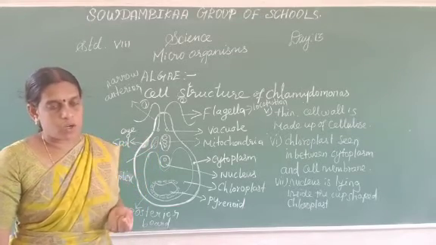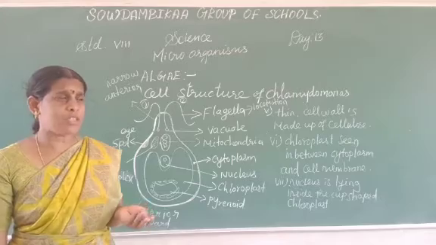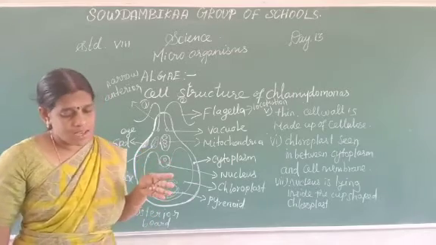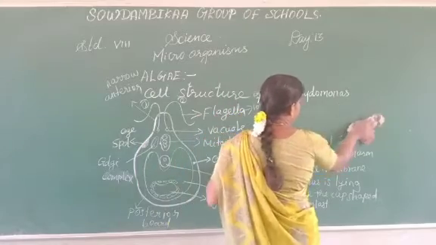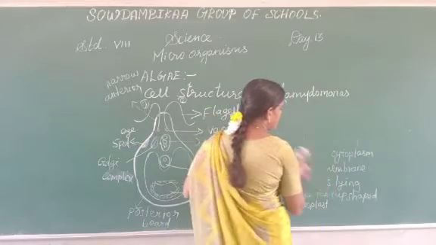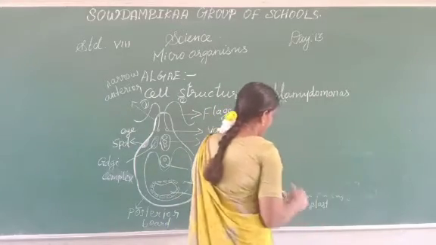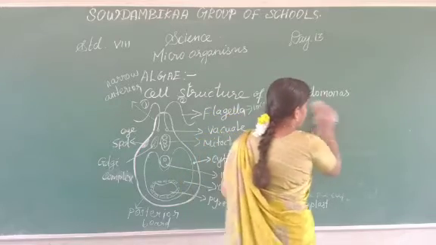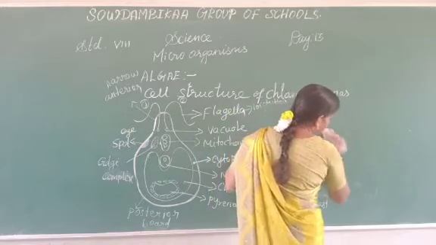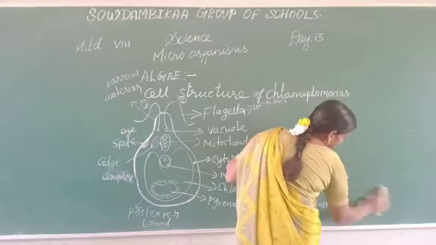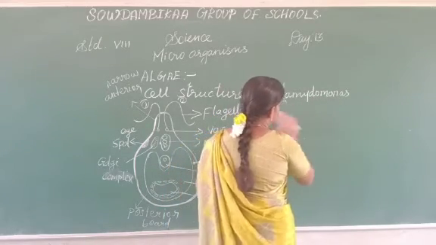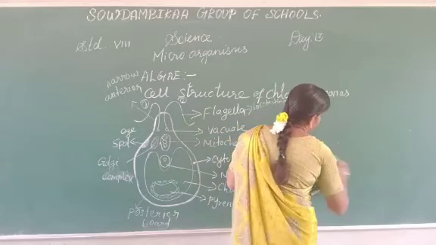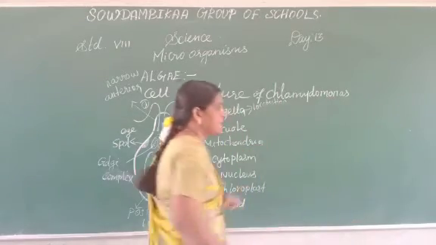Chlamydomonas exhibits sexual and asexual reproduction. What type of reproduction does it have? Both sexual and asexual.